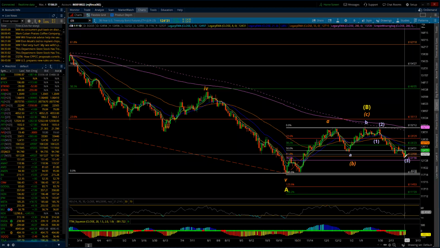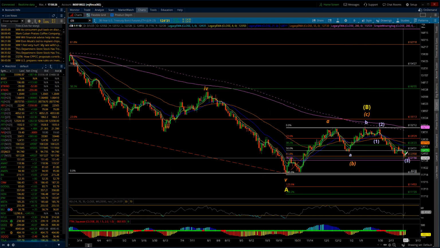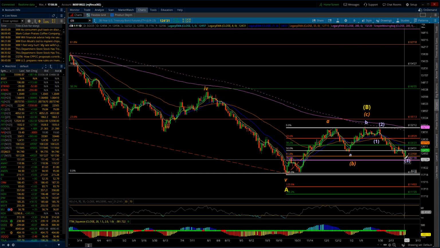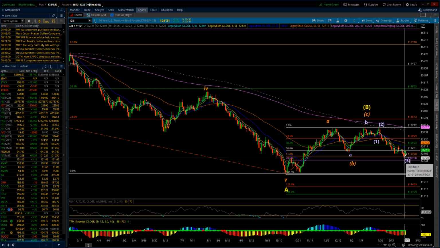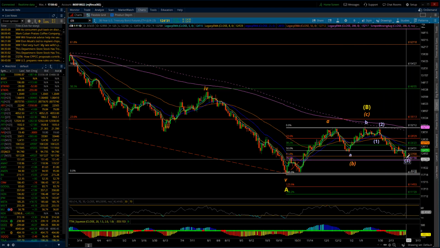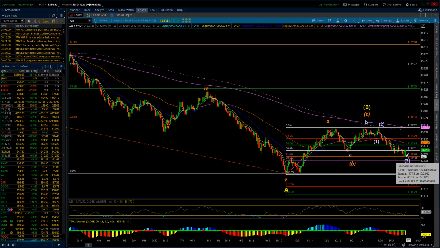But we did break down below 124.11 within the June contract, and that was on Thursday. So on Thursday, we dipped below 123.08 and then went back and grabbed it. So this, to me, could be the completion point.